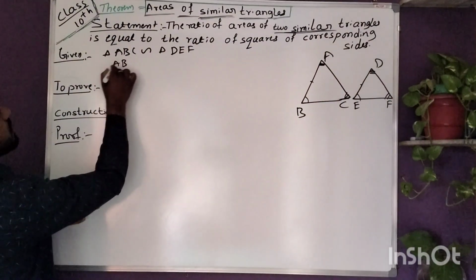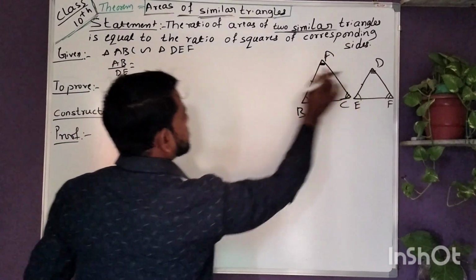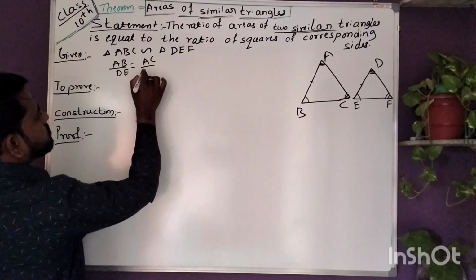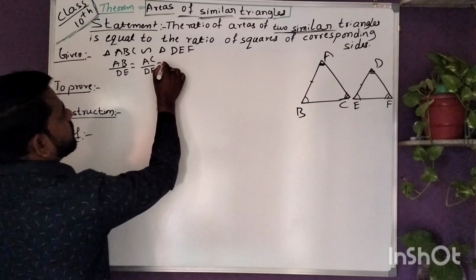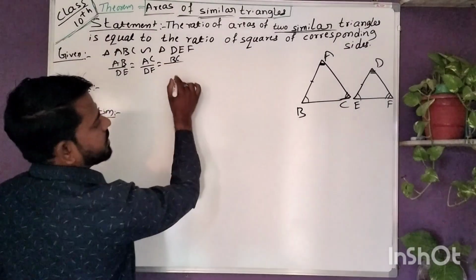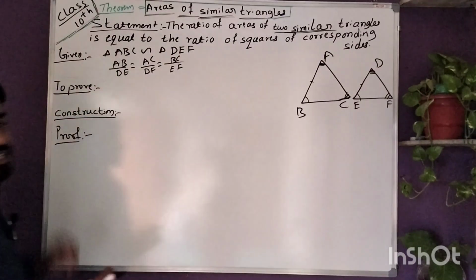It means AB upon DE is equal to AC upon DF, equal to BC upon EF. When two triangles are similar, their corresponding sides are in the same ratio, hence I am writing this ratio.